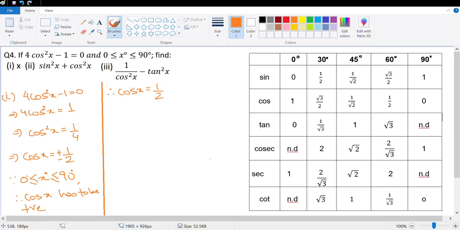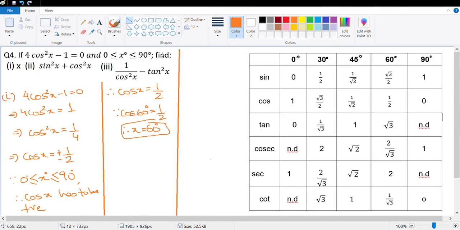Since cos 60 degree is equal to half, therefore x is equal to 60 degree. So that's the first part of the question. The value of x is 60 degree.